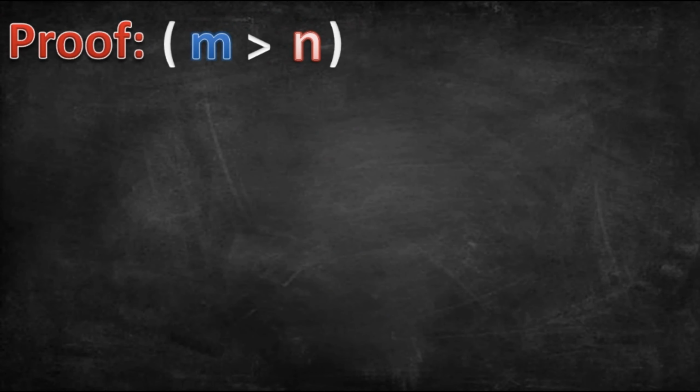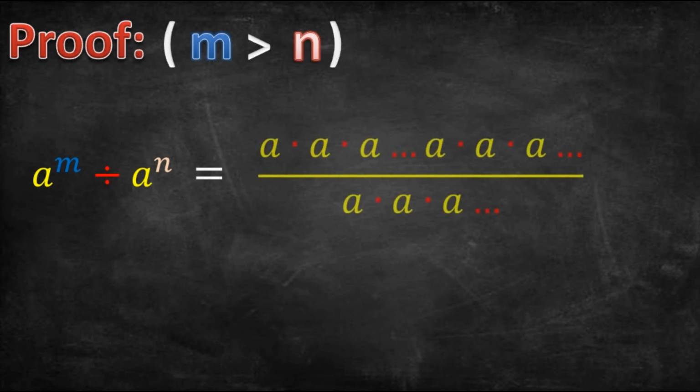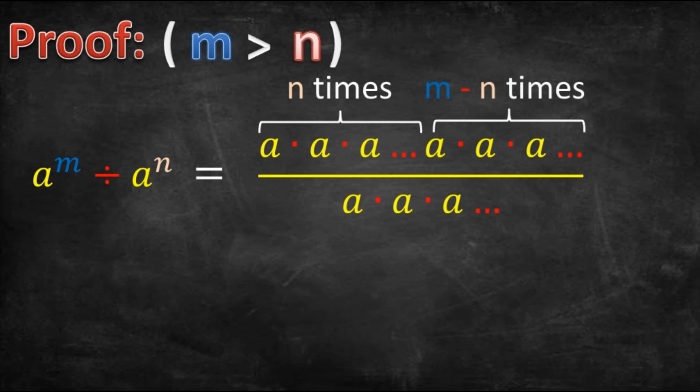Let's look at the proof of this law. We're going to prove the case where m is greater than n only at this stage. We know that a to the m divided by a to the n is a multiplied by itself m times divided by a multiplied by itself n times. The numerator, in other words a multiplied by itself m times, can be written as a multiplied by itself n times, and then again multiplied by itself m minus n times.